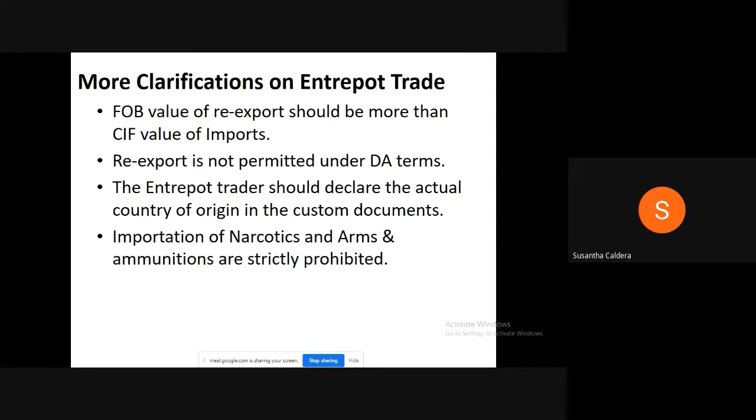The main purpose of this entrepot trading is, without utilizing the foreign exchange of the country, to obtain foreign exchange under this facility.